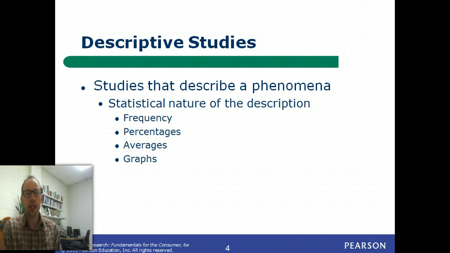These are statistical studies that describe some phenomenon. They may include averages, the median, frequency. You might think that these would not be very valuable in statistical research, but they're actually very nice for creating a snapshot of what the existing condition is.